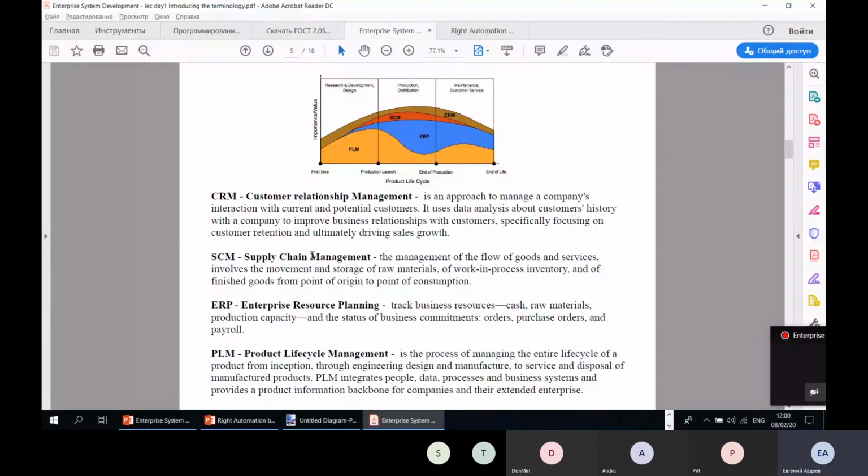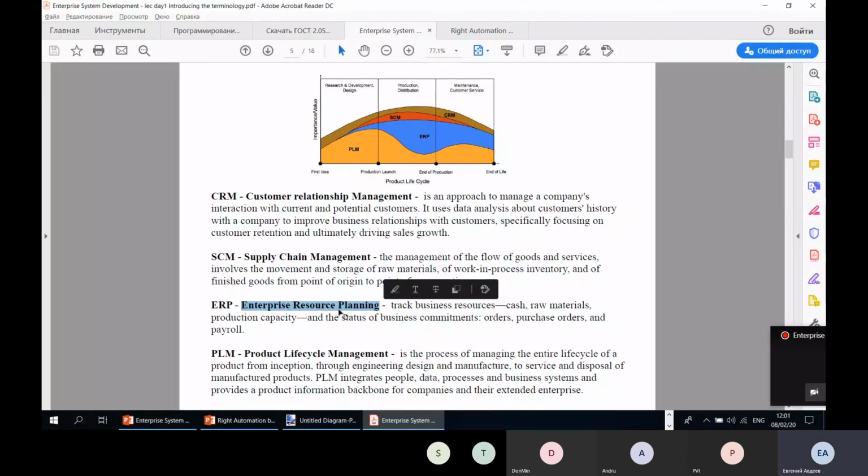Also, this system helps us to plan how much we have to buy, how much money we're going to spend in the next period of time, and how much money we have already spent. So all this information, if we have lots of such processes, we have to use this system too.